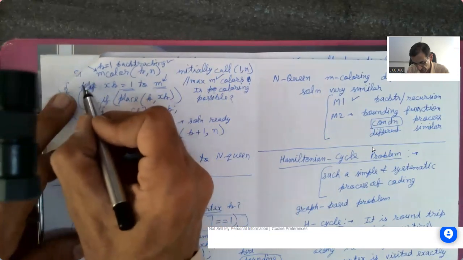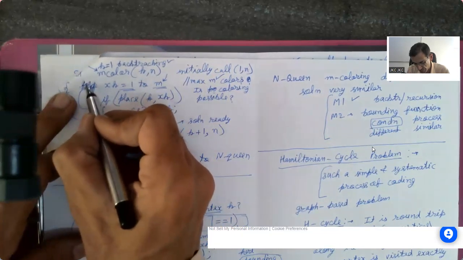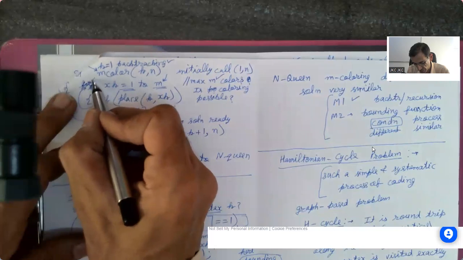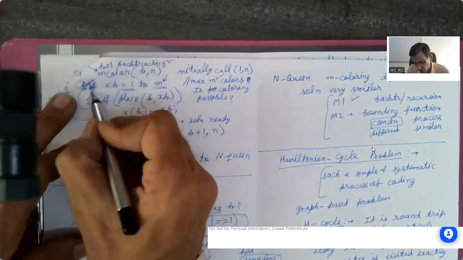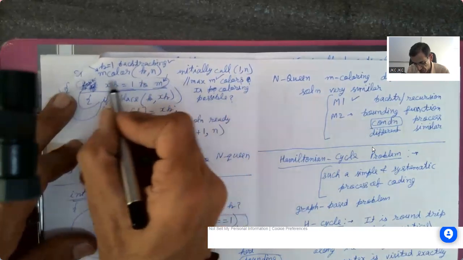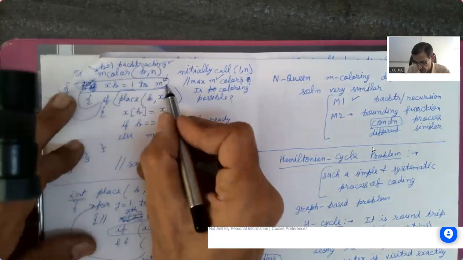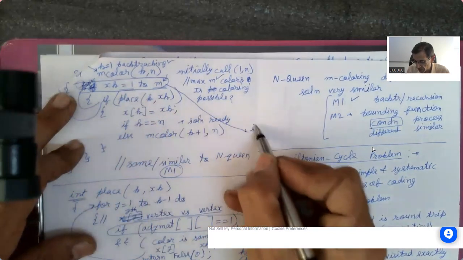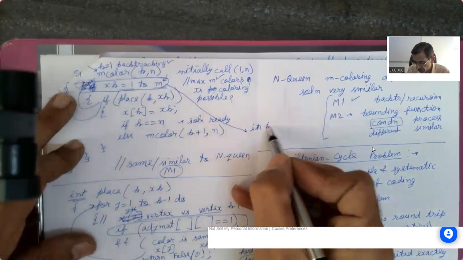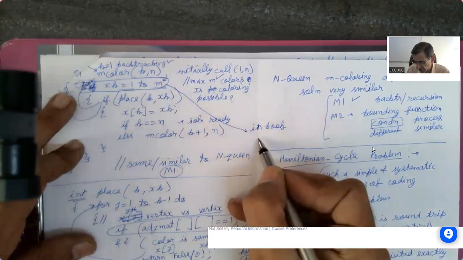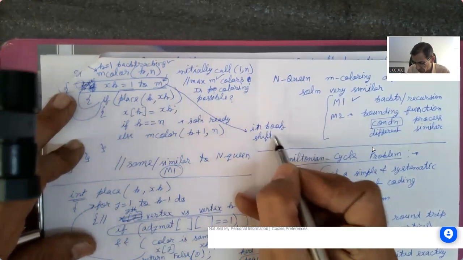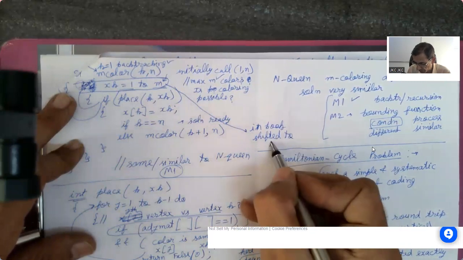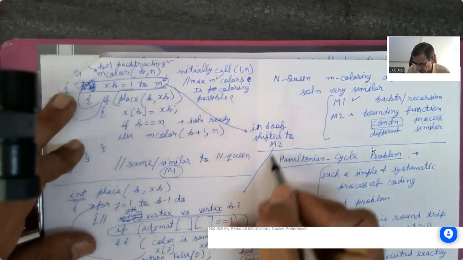There was a mistake when I talked of M coloring; I'm sorry, this should have been a for loop. That for loop in the book is shifted to module M2, meaning downwards.